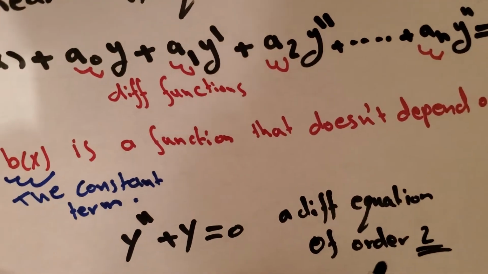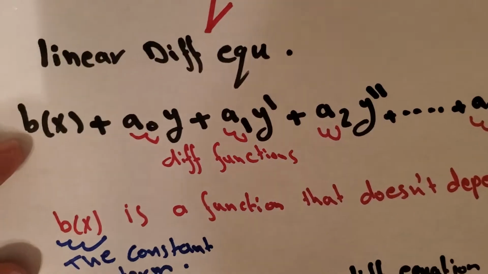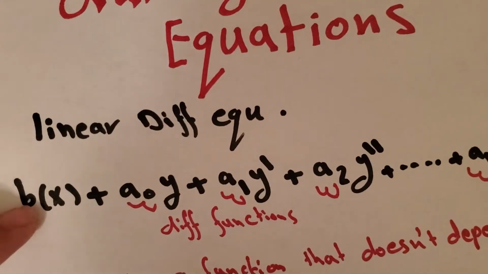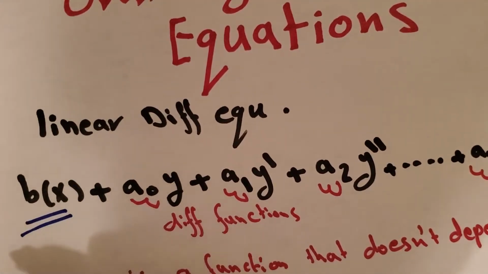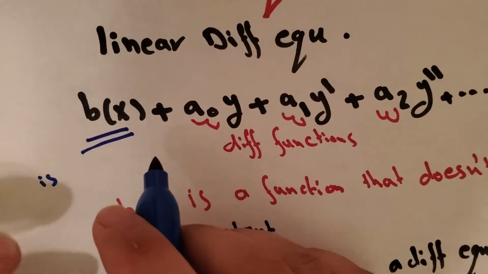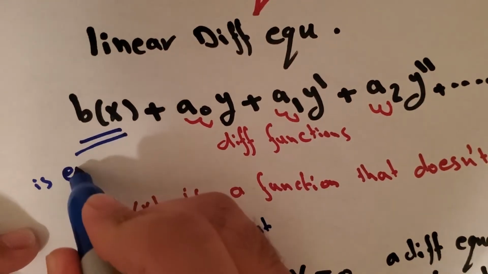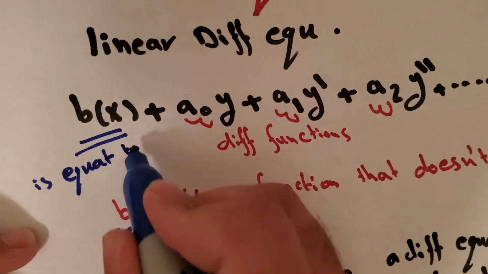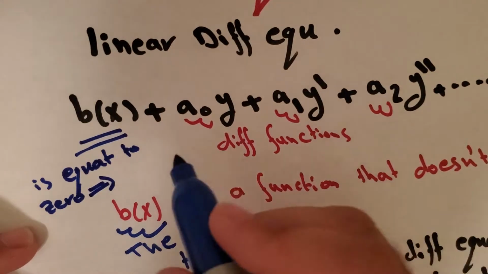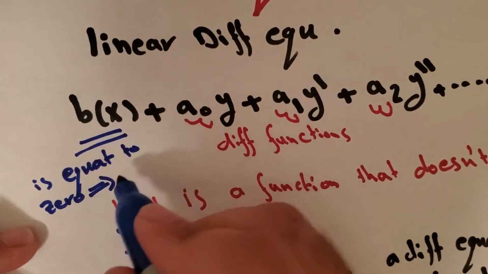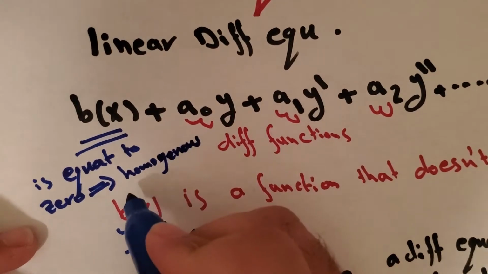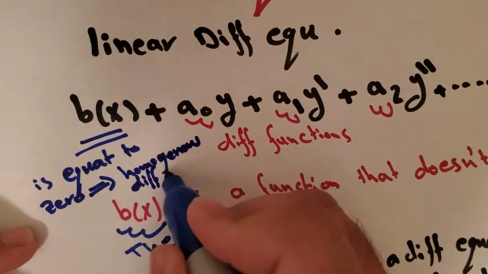Now there is an important thing here. If b(x), which is the constant term here in the differential equation, is equal to 0, then the differential equation is called a homogeneous differential equation.